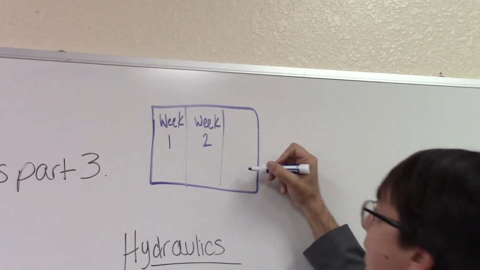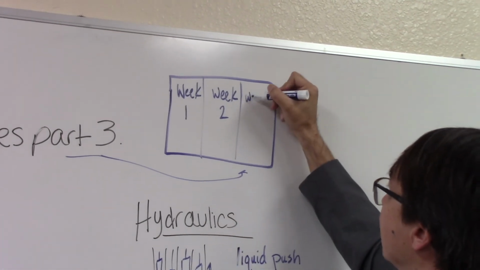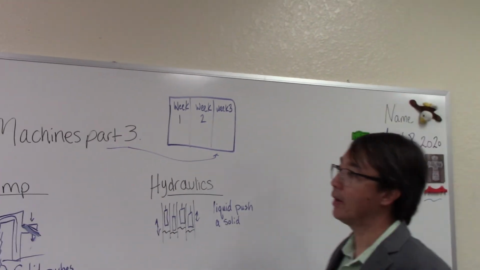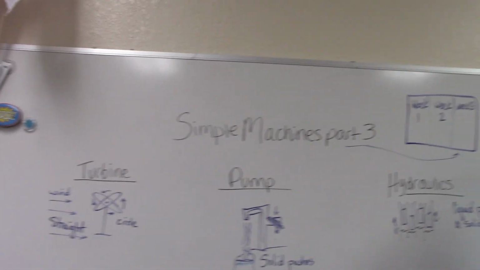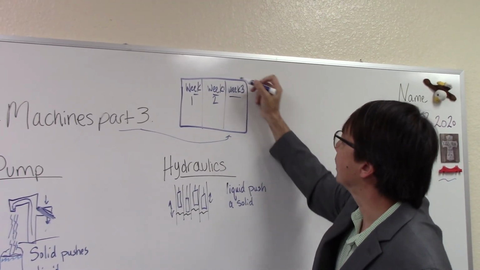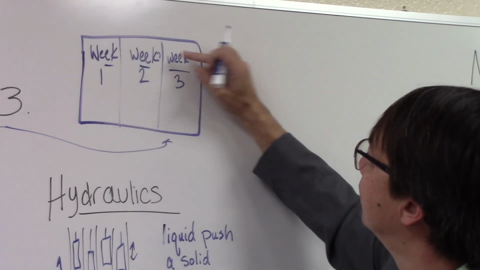And then this side is this week, part 3. Right? Part 3, week 3. So week 3 is all about the turbine, the pump, and hydraulics. Now I want you to do the same thing. I want you to fill up this side right here. So with week 3, I want you to fill it up.